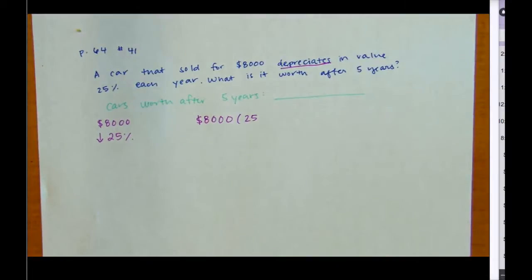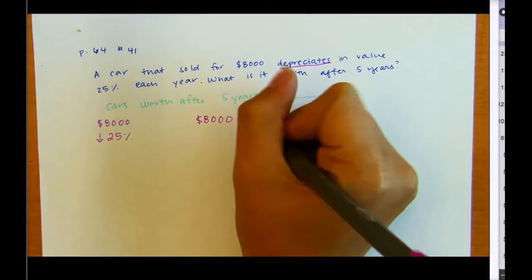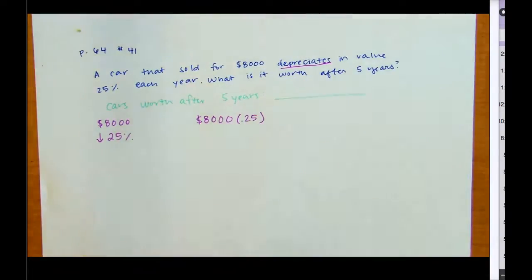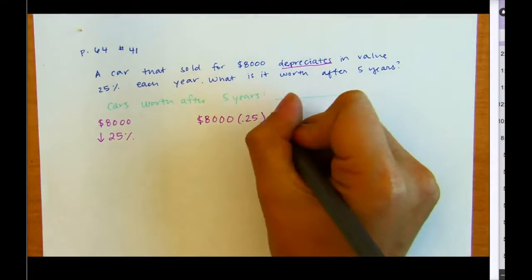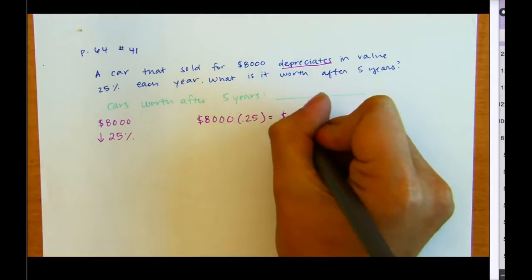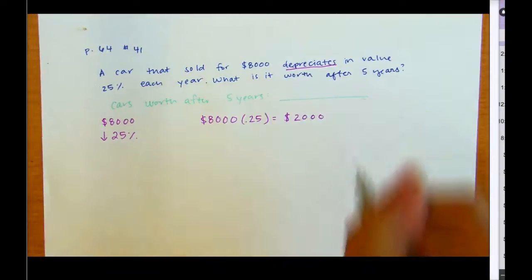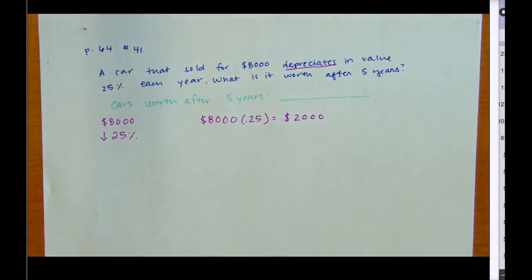And then you thought, if I'm multiplying by a percent, this should actually be a decimal. When I multiply these 2 values together, I end up at $2,000. But 2,000 is 25% of $8,000. I didn't really factor in this 5 years.